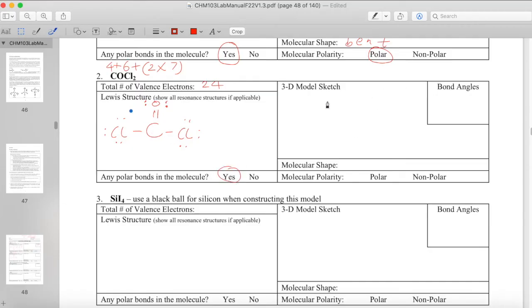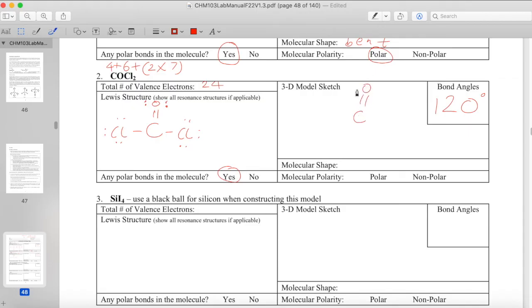Okay, 3D model sketch. I've drawn this kind of T-shaped. To be honest with you, the proper way to draw this is to have these chlorines pointing downwards, where we have a 120-degree bond angle. I can draw it really quickly.